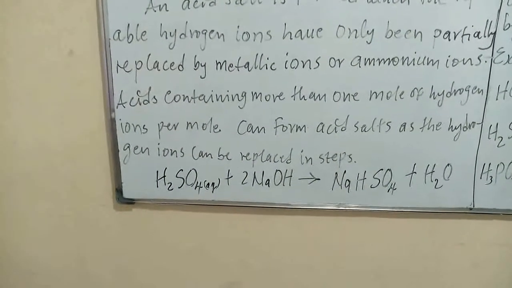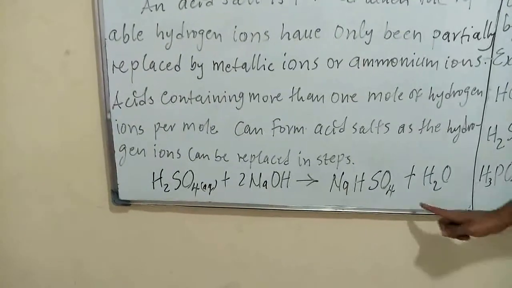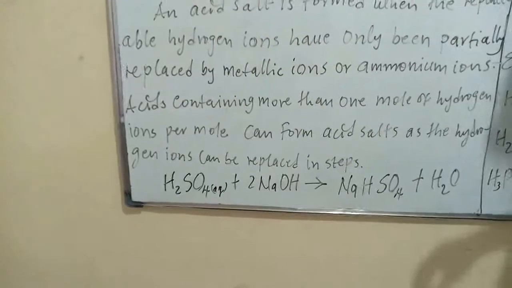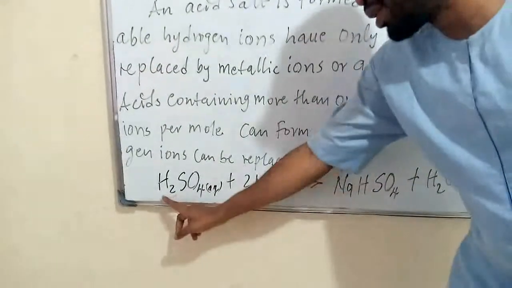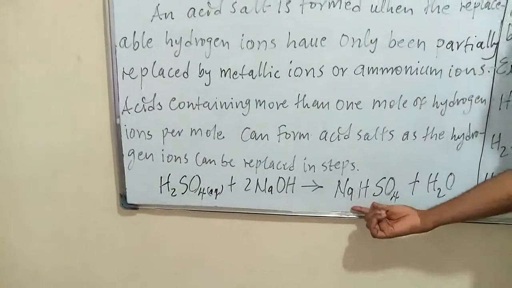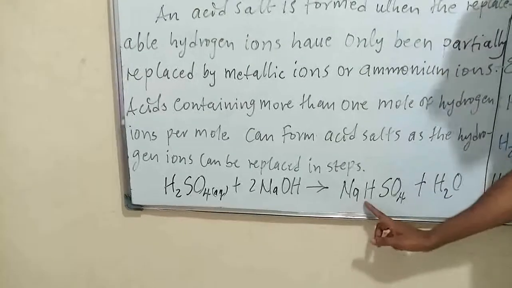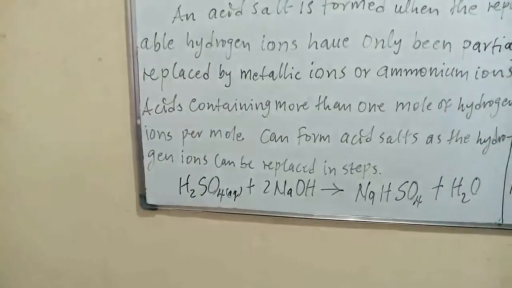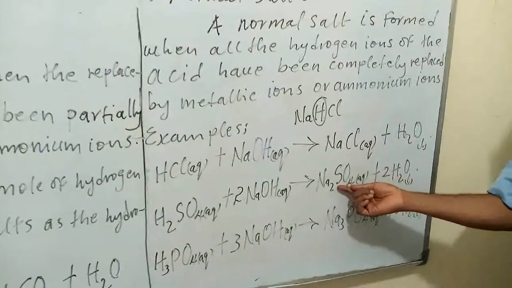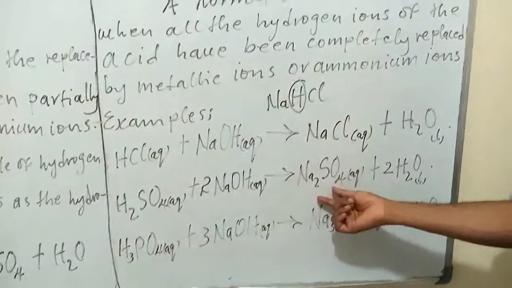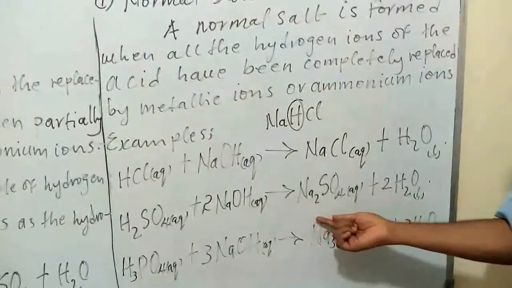Now we need to balance this equation. I know you can balance the equation very well. Attempt balancing it and write it out for me. But the fact is that the hydrogen ion of this acid has not been completely replaced in this salt. That's why we still have sodium hydrogen tetraoxosulfate, instead of sodium tetraoxosulfate, which is a normal salt because all the hydrogen ions have been completely replaced.